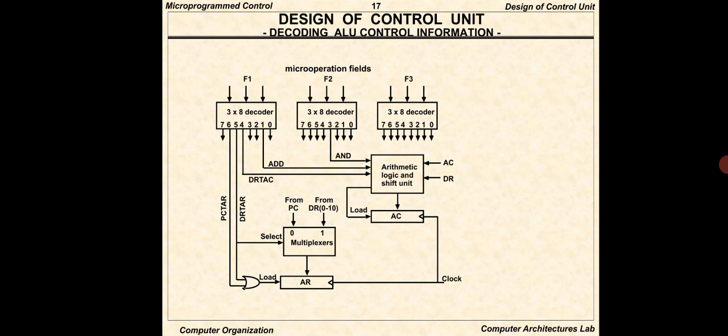If you remember, a micro instruction format is available. In this micro instruction format, you are going to have a total of 3 fields: field 1, field 2, field 3, and each field is of 3 bits, which is used to generate a total of 8 micro operations.